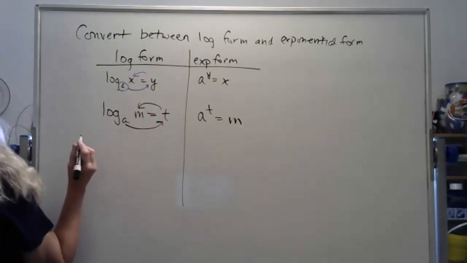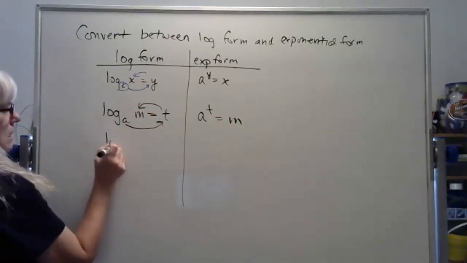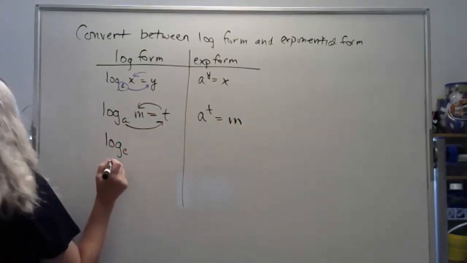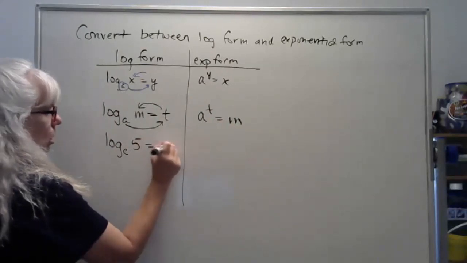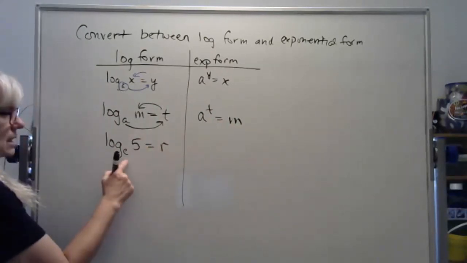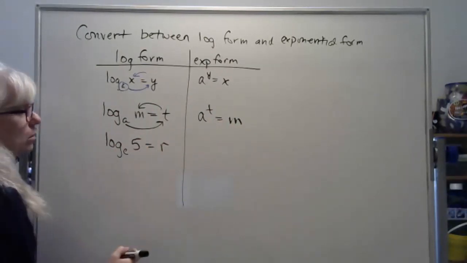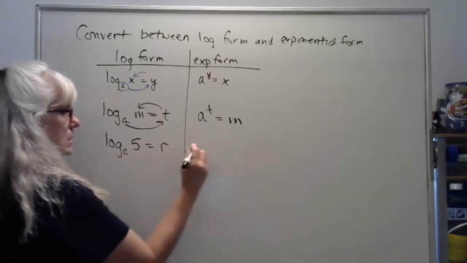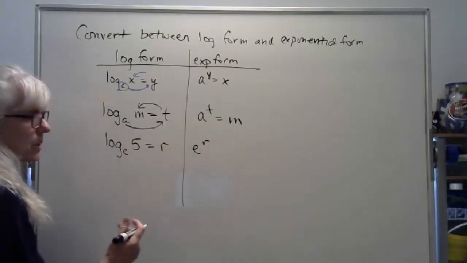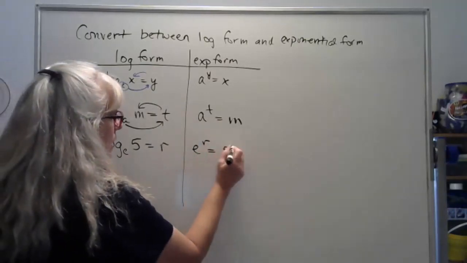We could also have log base e of 5 is equal to r. So when I rewrite that, I pick up the base, which is e. I raise it across the equal sign to the r. That's where the exponent comes from. Set it equal to the inside, which is 5.